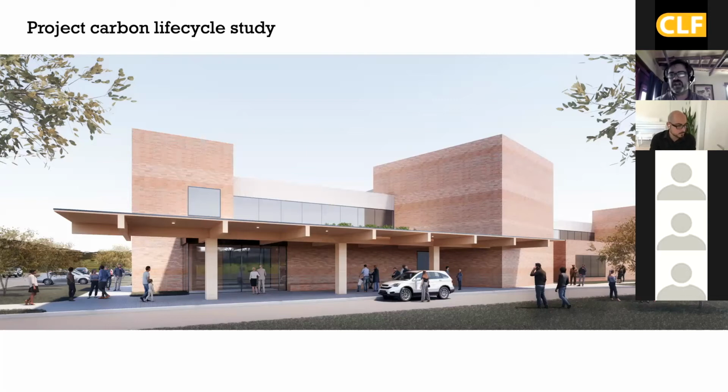And so we looked at a medical office building project we were doing for them. The project is still in early design, but we're looking at this to benchmark a prototype building and understand what's driving carbon emissions for this typical building type for them. If we go to the next slide.